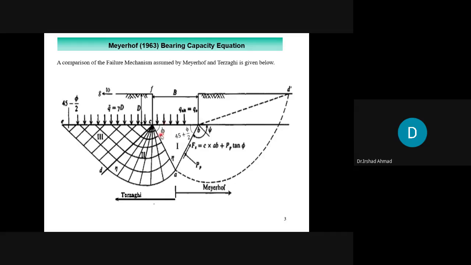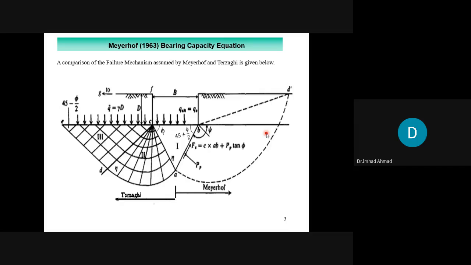The wedge angle assumed by Terzaghi is equal to phi, whereas that assumed by Meyerhof is 45 plus phi by 2. So based upon this shear failure mechanism, Meyerhof derived his equation and bearing capacity factors.